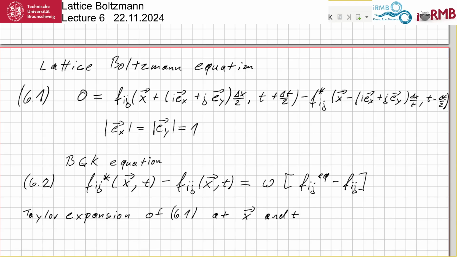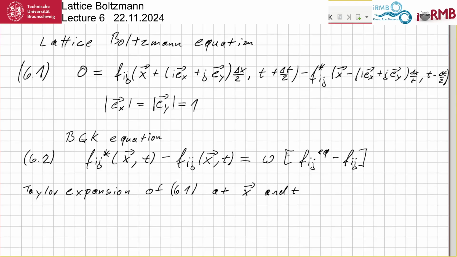So we see there are offsets, and we can expand them. Even though this looks a little bit ugly, because we have two space dimensions and one time dimension, so we have to do the expansion in three dimensions already. When we are in three spatial dimensions, we have to do it in four dimensions. It looks ugly, but it's all basic stuff that you learned in the first semester.